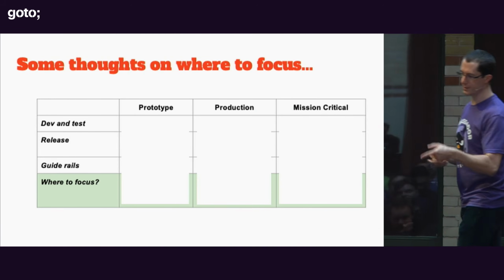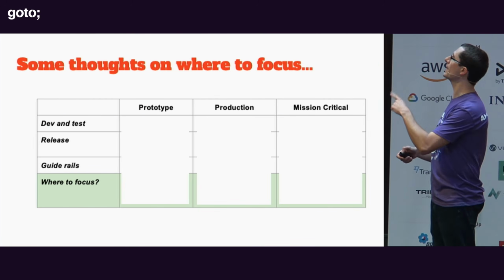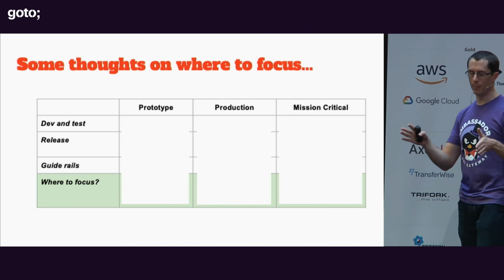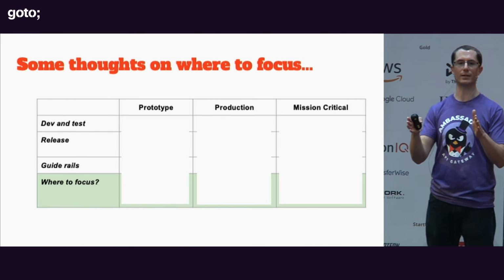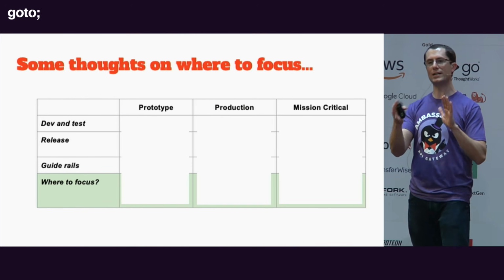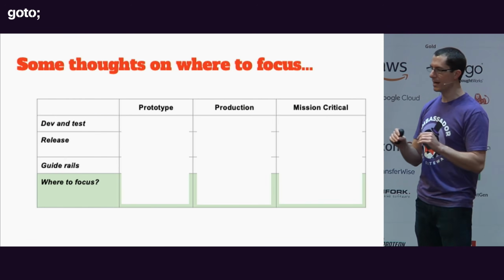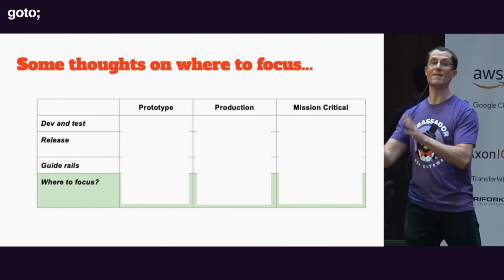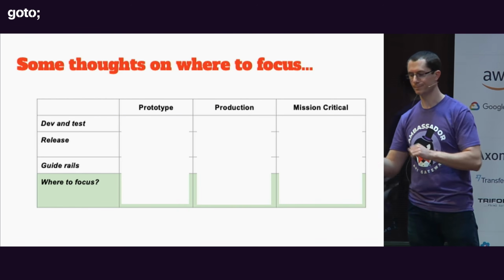But one of the things I wanted to leave you with, based on my very anecdotal consulting experience, is that I've worked with a bunch of companies, and they generally fall into three categories. Companies that haven't really got product market fit, they're new; some that are running stuff in production; and some running high-value stuff that must not fall over.